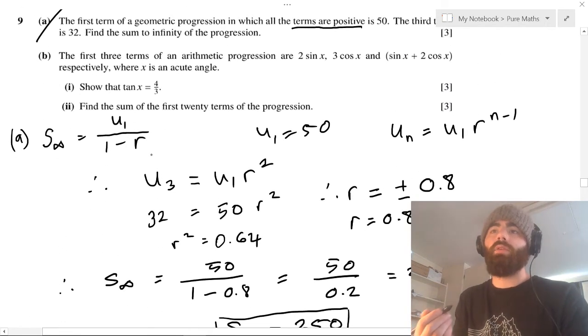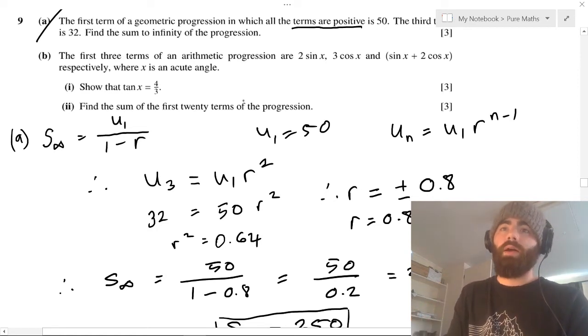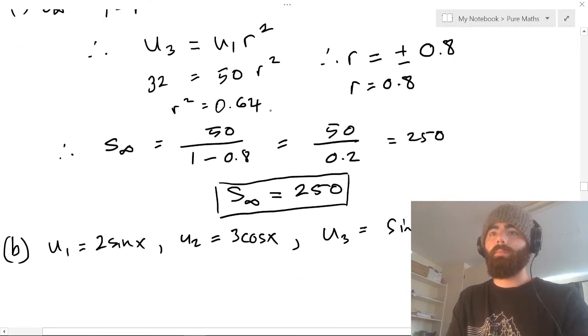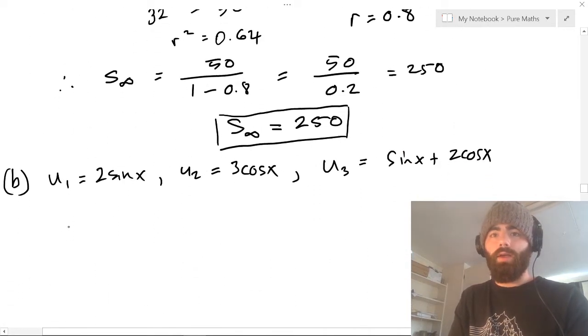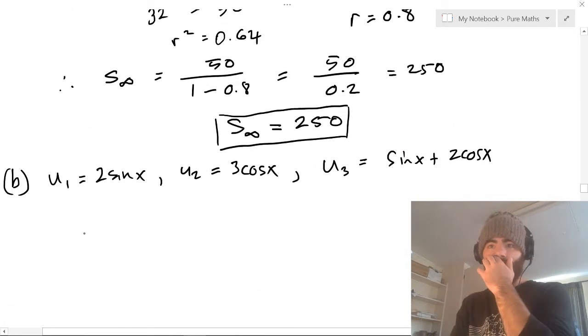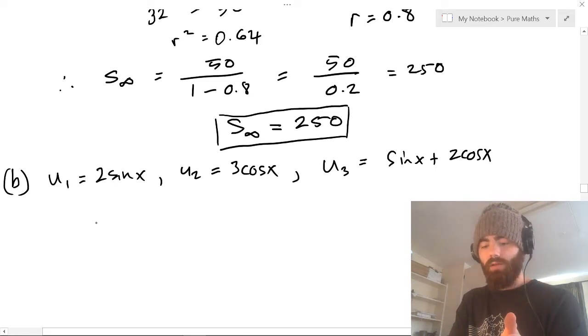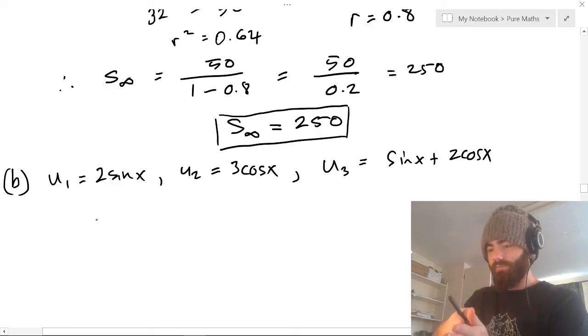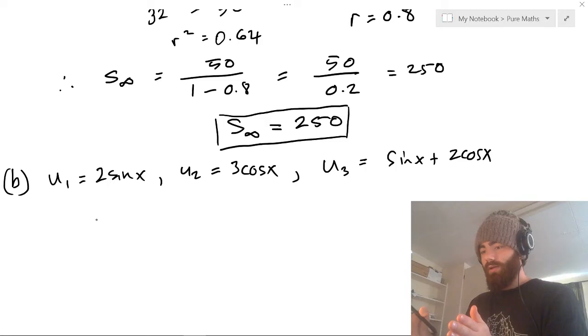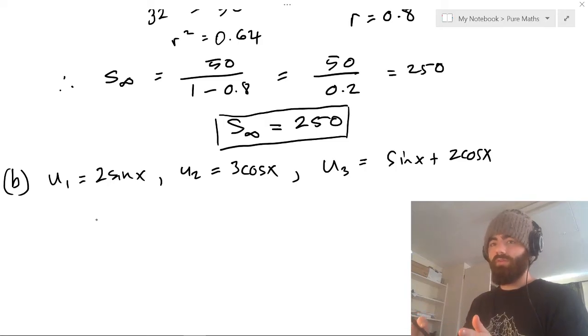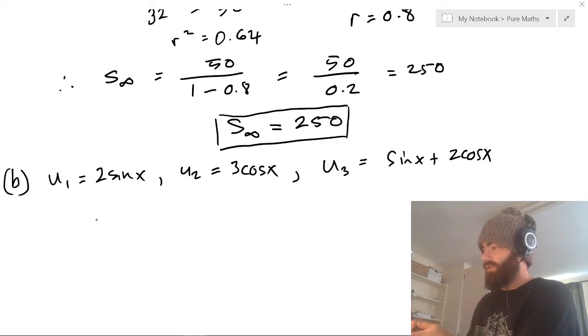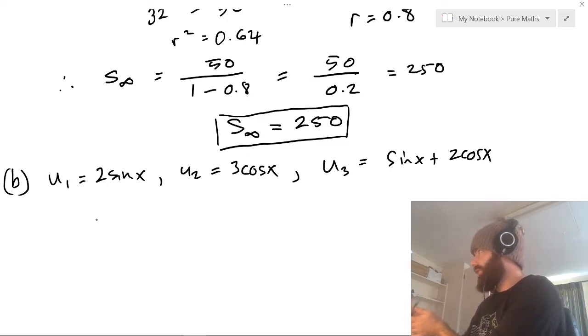Well, immediately the way that I'm thinking to do that is, what do we know about arithmetic progressions? We know that the difference between progressive terms, so u2 minus u1, is the same as the difference between u3 and u2, which is the same as the difference between u4 and u3.